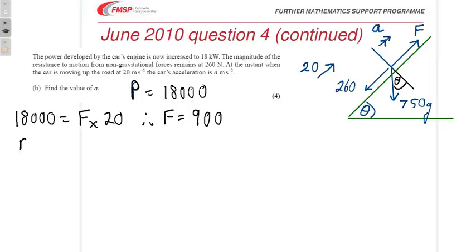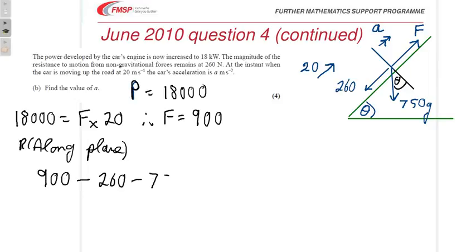So now resolving along the plane and using F equals ma, instead of F let's put 900. 900 minus 260 minus 750g times 1/15 for sine theta equals m, which is 750 times a.